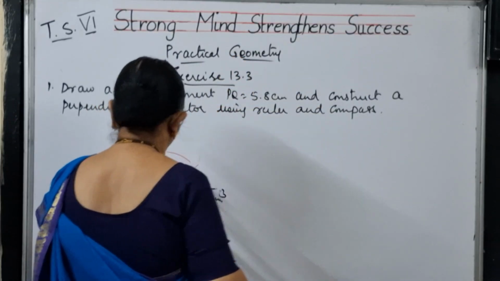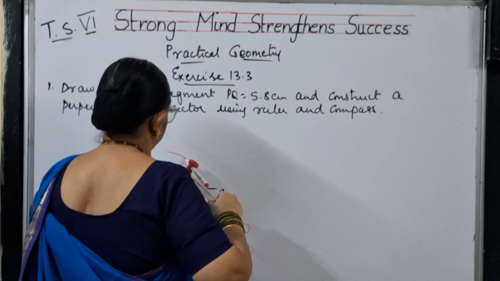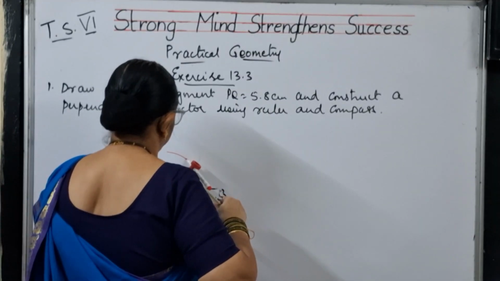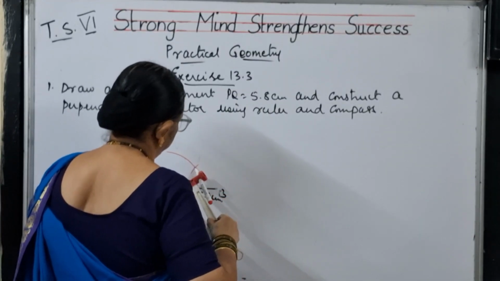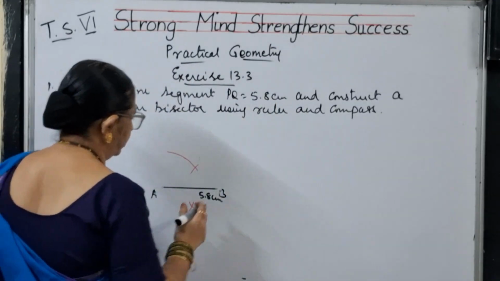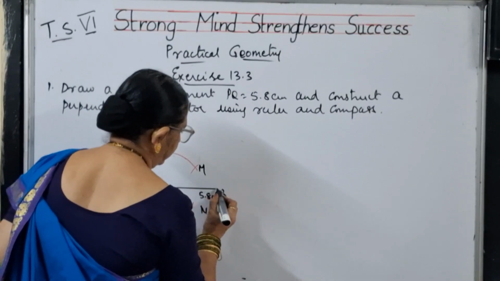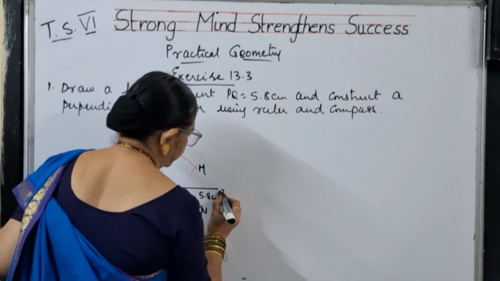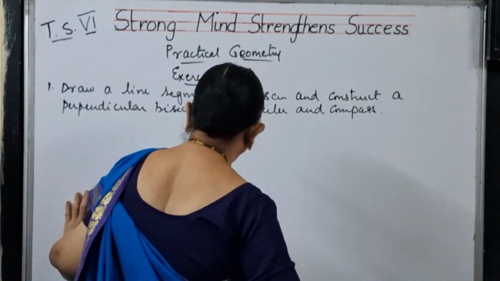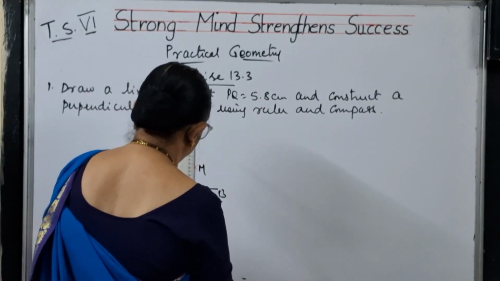Here you see, children, this arc is not meeting, so I should extend this arc like this to meet it at this point. Now let me take this as M and this as N.